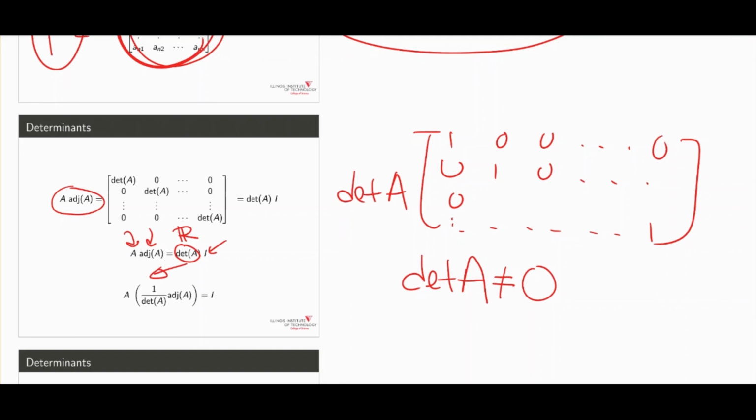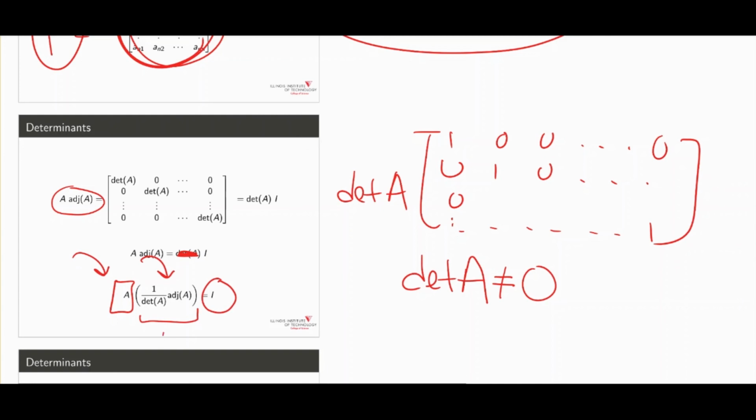Because this is just a number, when I divide, it is 1 over the determinant of A, and I can move the number inside. So I am going to put 1 over the determinant of A right next to the adjoint of A. Now look: A is a matrix, multiplied by another matrix here, equals I. What does it mean?